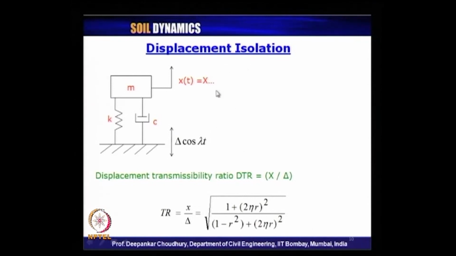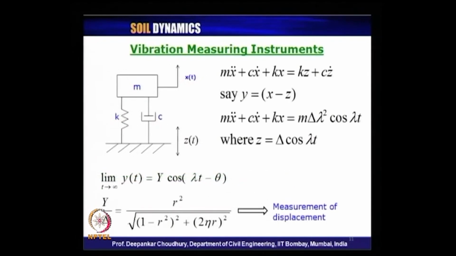Similarly, for displacement isolation we have seen, if the ground displacement function is considered as harmonic like this, the transmissibility ratio can be expressed in the same form as the force transmissibility ratio, the expression remains the same, and that is why the distribution also remains the same with respect to the frequency ratio and for different damping ratio values.